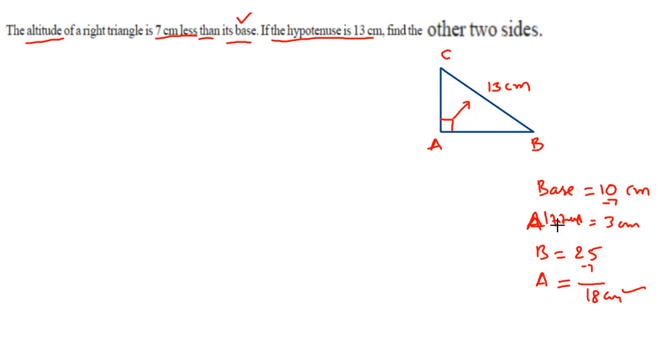So here, if we know the length of the base, then we can say the length of the altitude by subtracting 7, since altitude is 7 cm less than the base. Or we can also say if we know the length of the altitude, we can also say the length of the base. For that what we have to do? Simple. Just add 7 to the length of the altitude so that we get base.